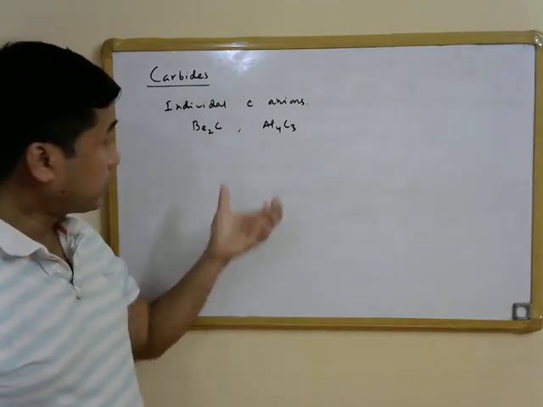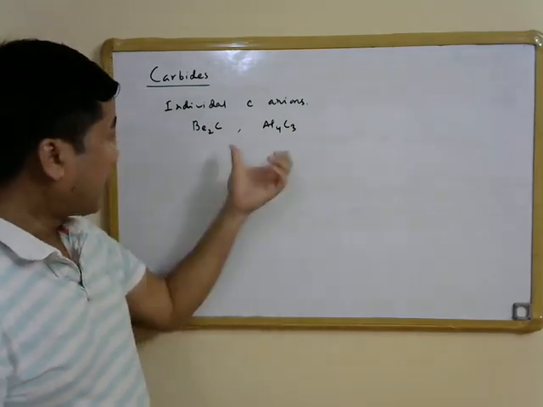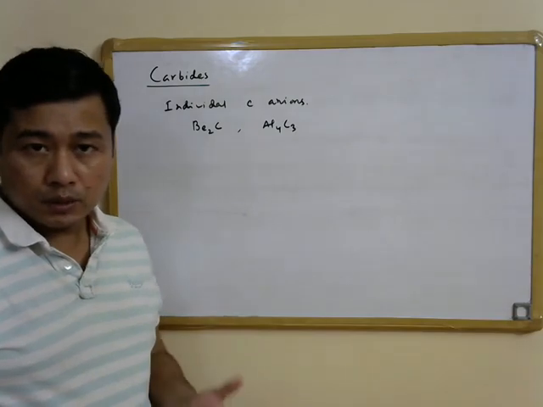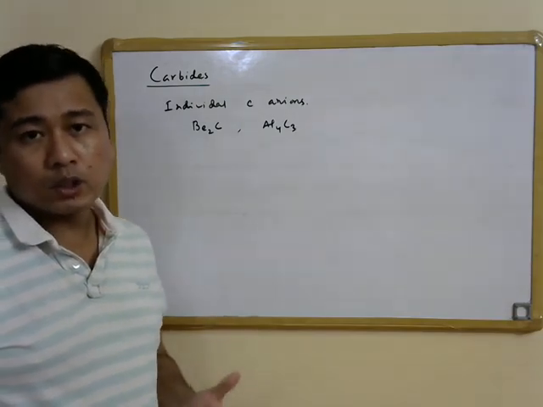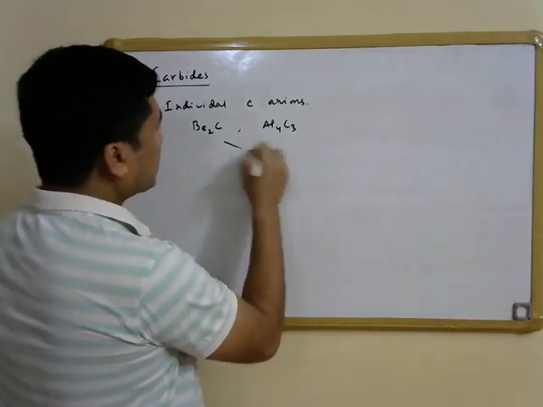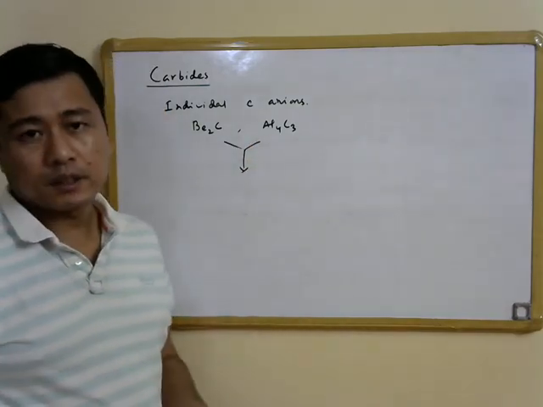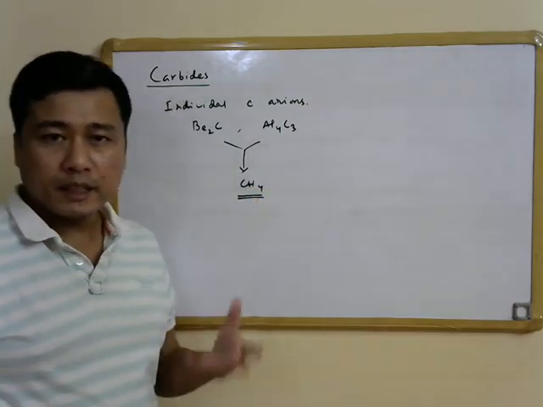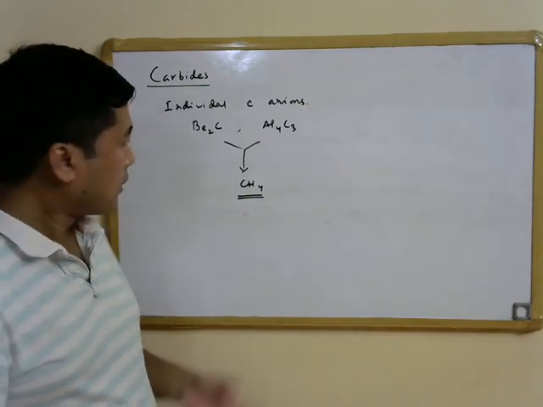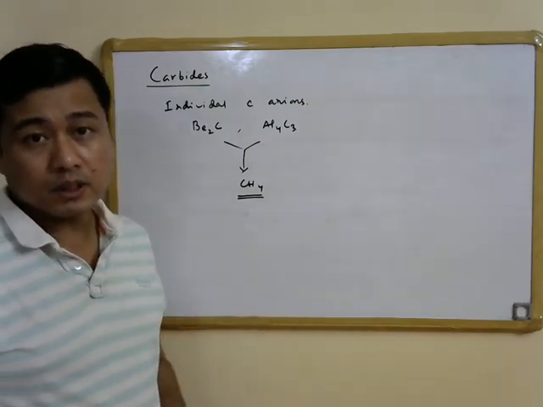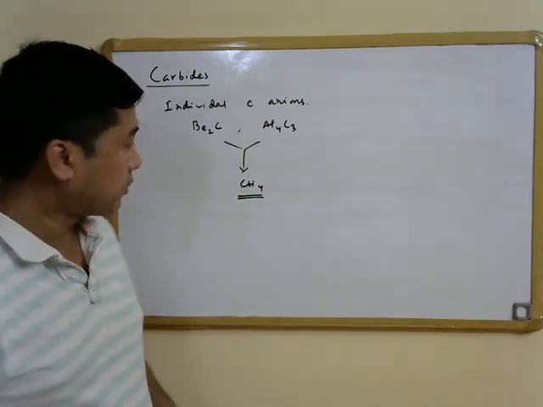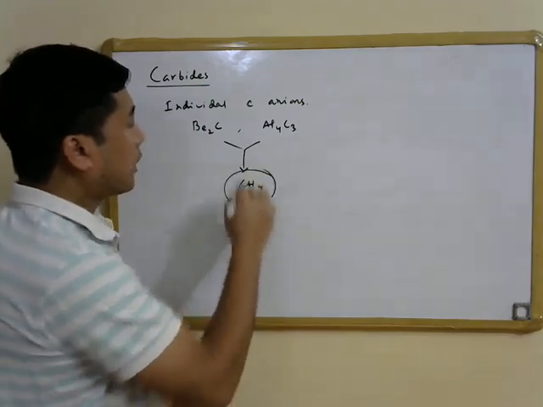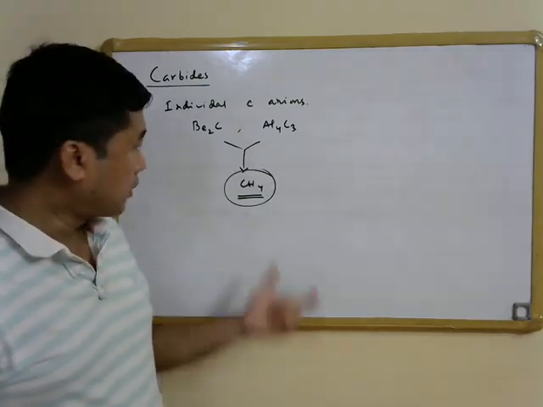Another carbide which contains individual carbon anions. When these carbides undergo hydrolysis, when they come in contact with water, they result in formation of methane gas. These hydrolysis reactions are exothermic in nature, and many times they are also explosive because the amount of heat released is very high, and the product formed is a flammable compound.